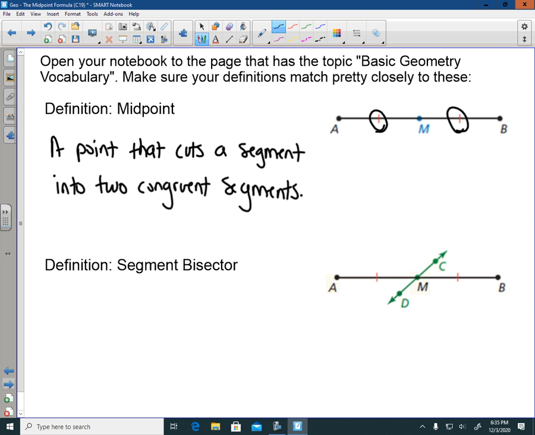Now, a midpoint is a point, but there are other things that can divide segments into congruent segments, and those would be called segment bisectors.